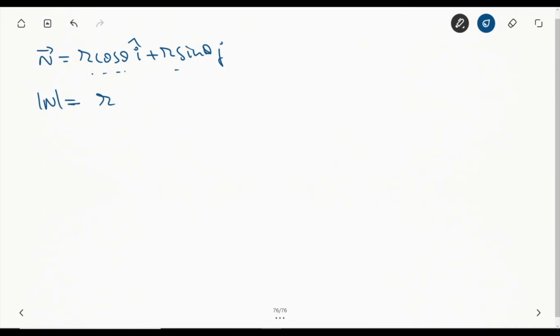So this is going to be the normal vector, and if you are trying to find this normal vector radially outward from the curve, from the circumference, then this r is going to be capital R, and you can write n is equal to R cos theta i plus R sin theta j.